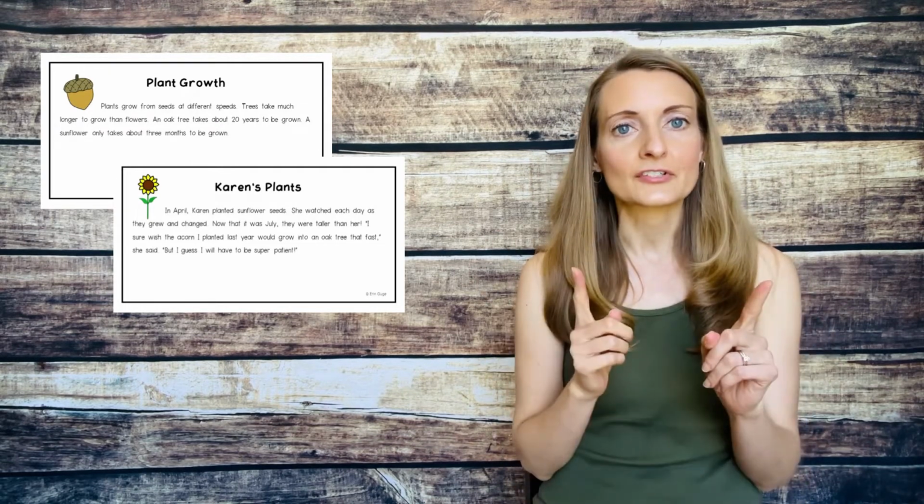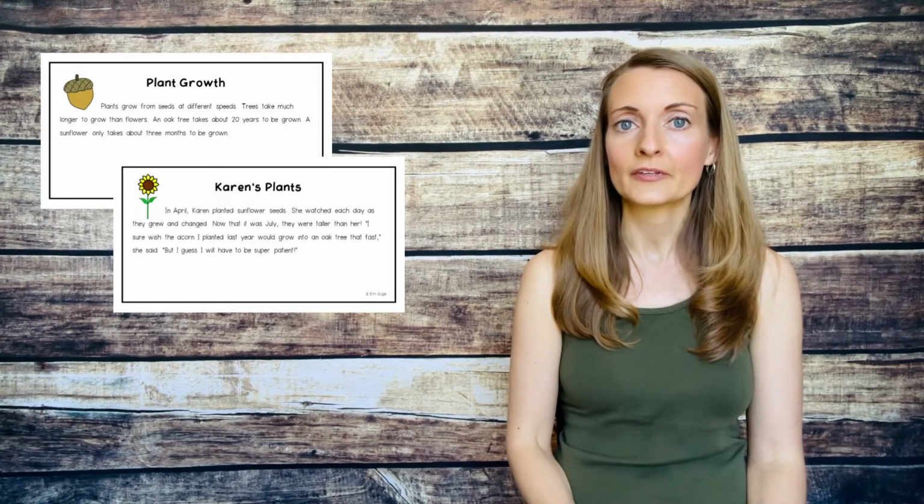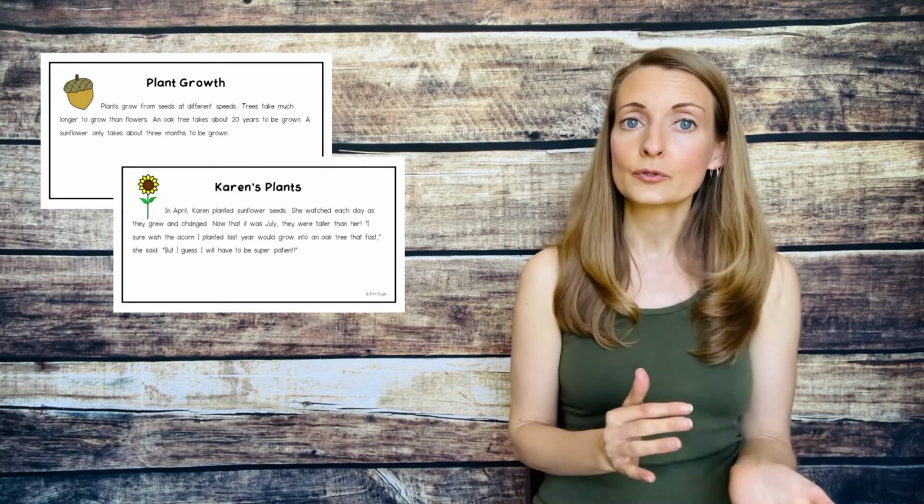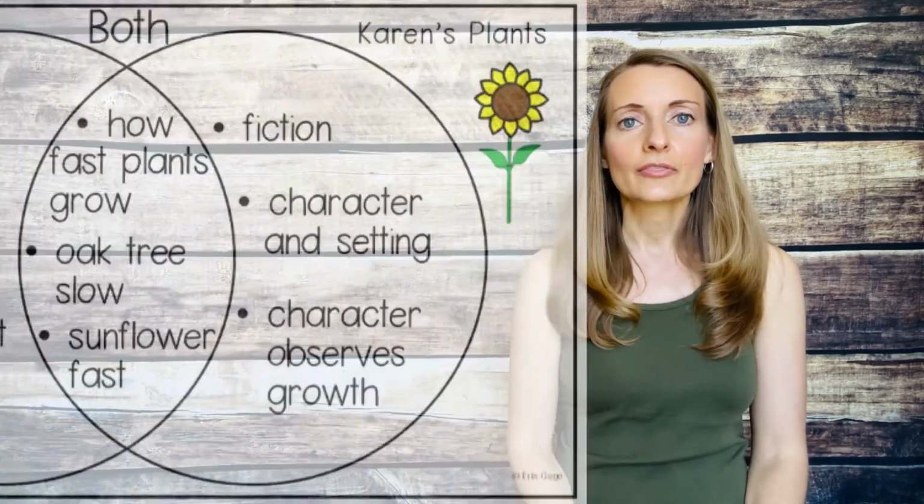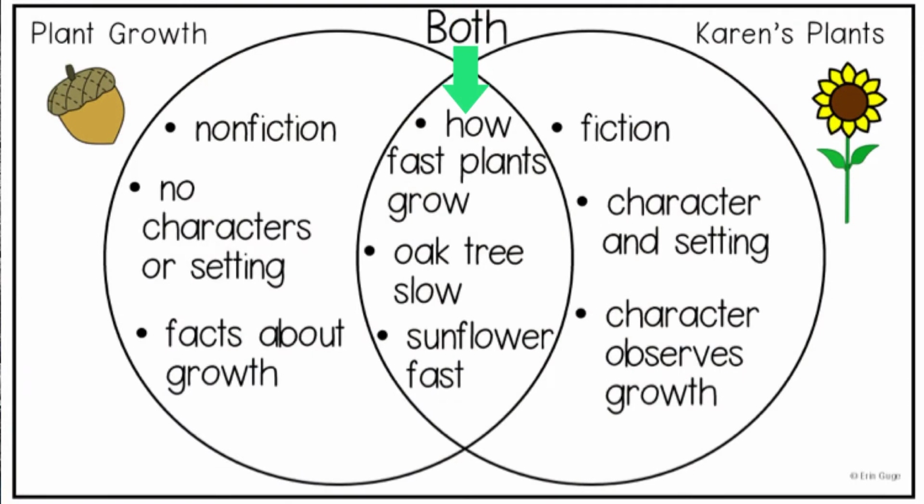Now let's think about our other two short stories that we read last time about plants. These are also called paired passages, and we can compare and contrast them using a Venn diagram and multiple choice questions. Take a look at this. In the middle for both stories, it says they are about how fast plants grow. They both mention an oak tree is slow and a sunflower is faster.